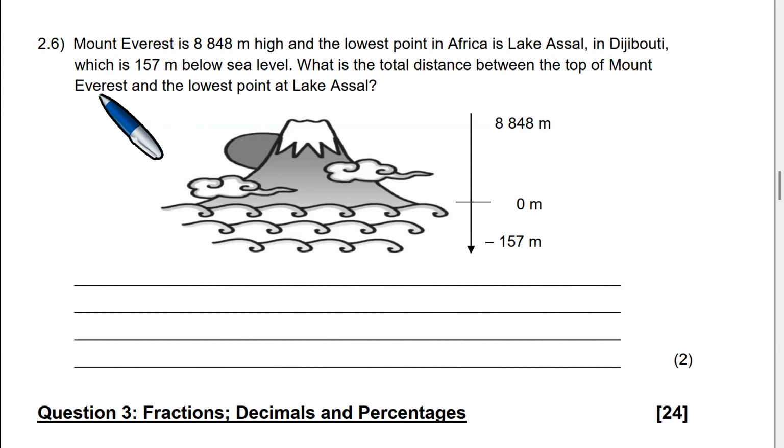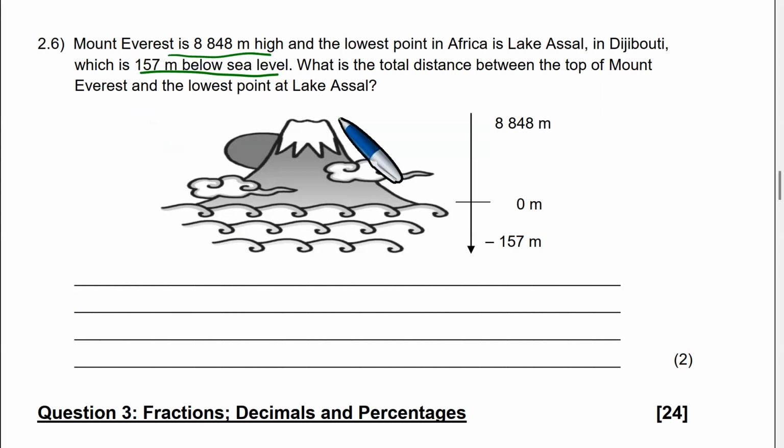So we had to minus the height of Mount Everest with the sea level, we had to minus 8,848 minus 157, because this 157 is below sea level and this one is height.